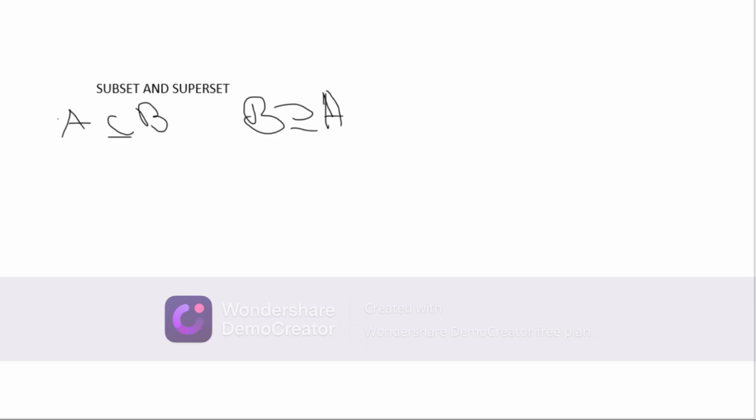What this tries to mean is all the elements of set A are contained in B, which means set A is contained in B.